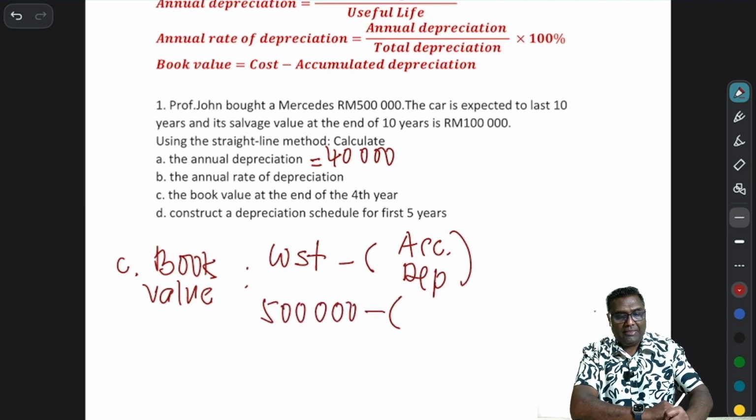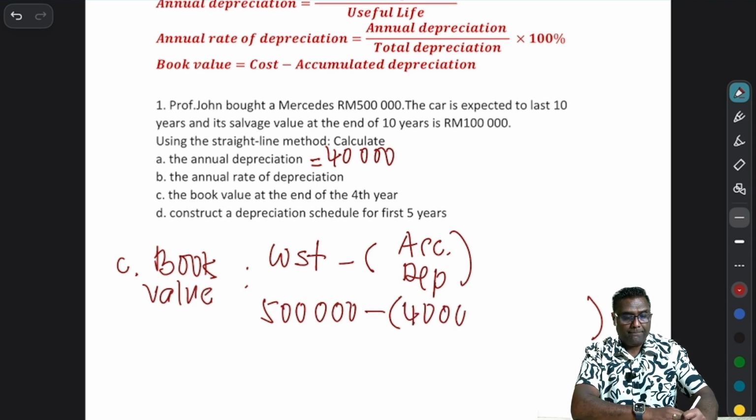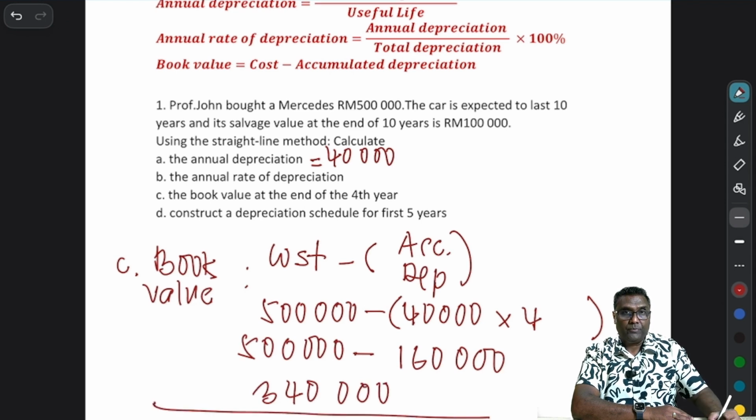The accumulated depreciation should be per year 40,000, my mistake, times by 4. So you're going to get 160,000 minus of 500,000. The book value would be 340,000. This is how we calculate the book value.